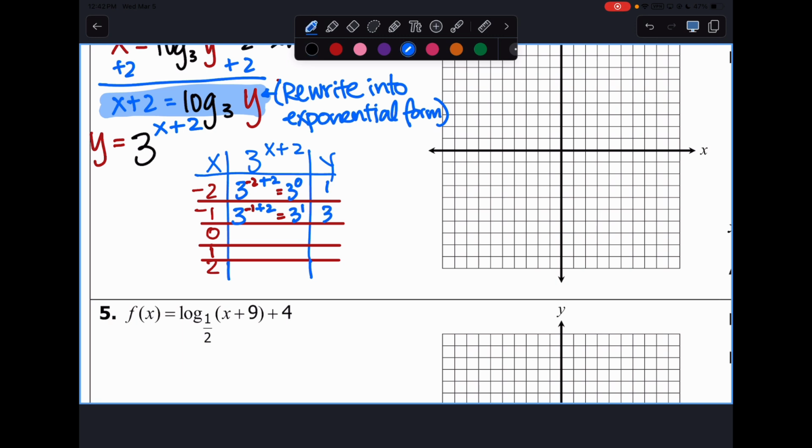And then, again, 3 to the 0 power plus 2 makes it 3 to the 2nd power, which is... thank God nobody said 6.